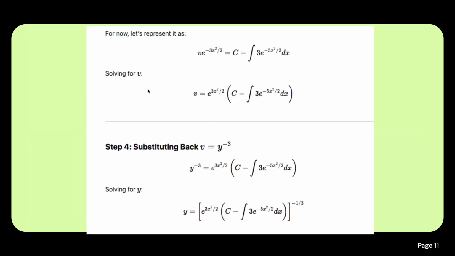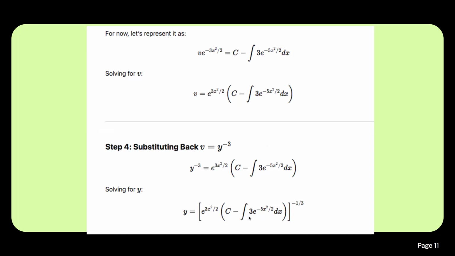This is the form we can use for solving for the function v. Then v equals the form on the right side. Remember, v is y to the power of minus 3. Then we can get the form of y, which is the general solution for the Bernoulli equation in this case.